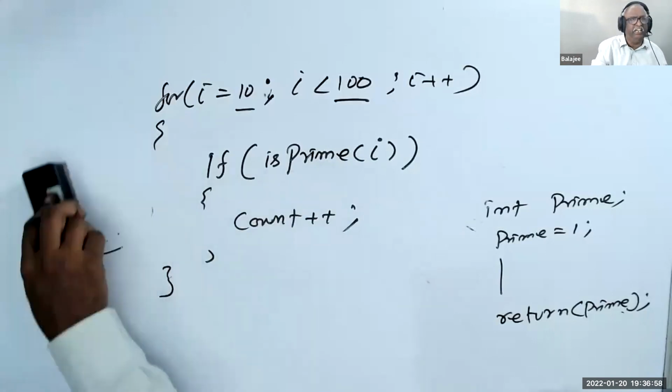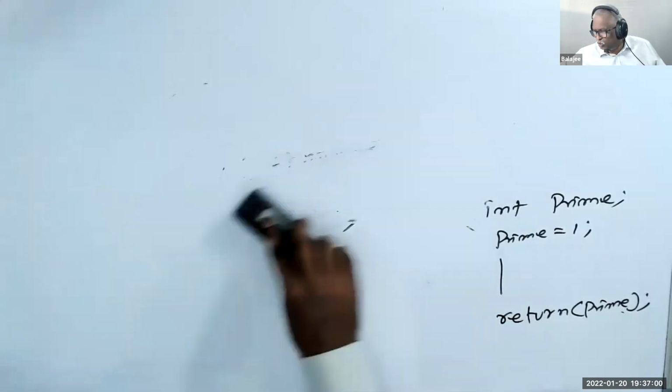The trick is that in an interview, somebody asks you to write a prime number program.